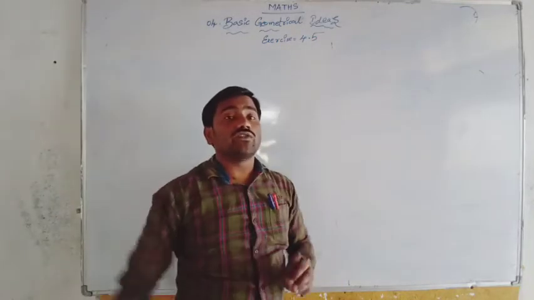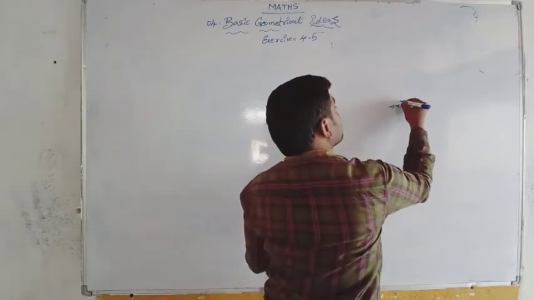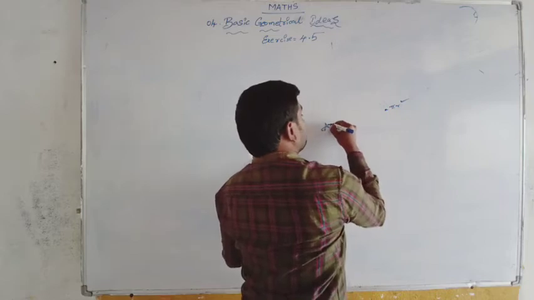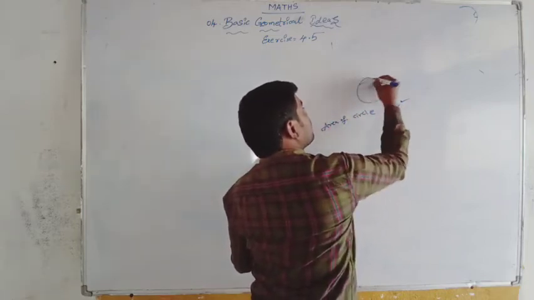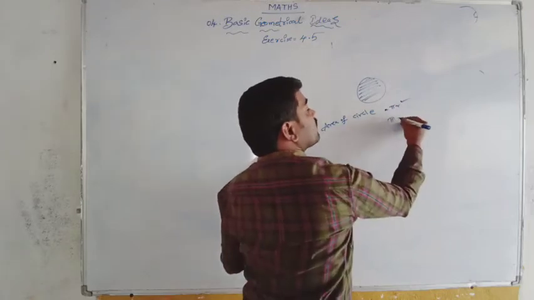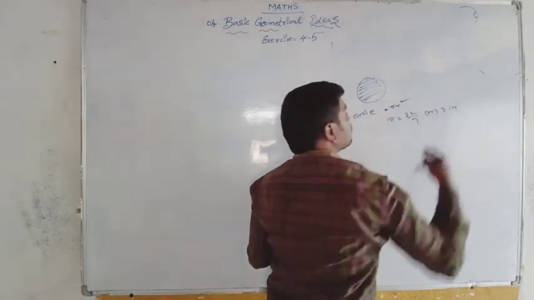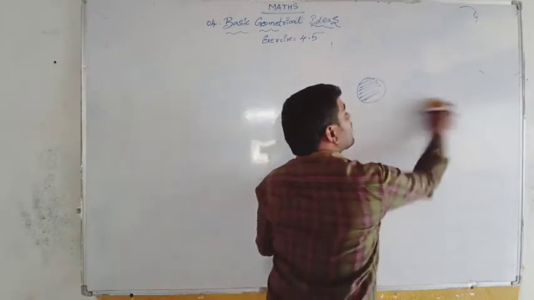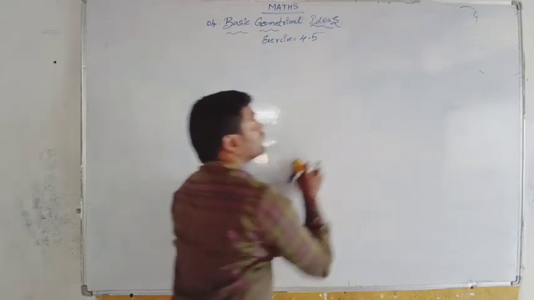And I forgot to tell you that the area of a circle formula is pi r square, where pi is always taken as 22 by 7 or 3.14. Pi is a Greek word.